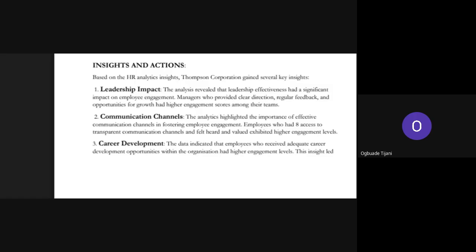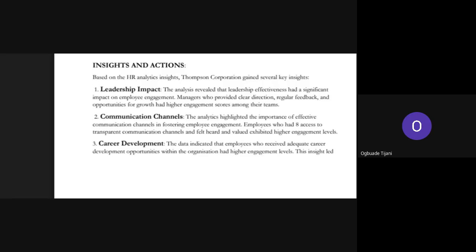And in the area of career development, the data indicate that employees who receive adequate career development opportunities within the organization have higher engagement levels. So there is a need to start collecting proper information on the people that have potential, or that show they can or are willing to move up to other levels in the organization. There have to be structures and frameworks of how people can move. This is not just about saying there's career development.